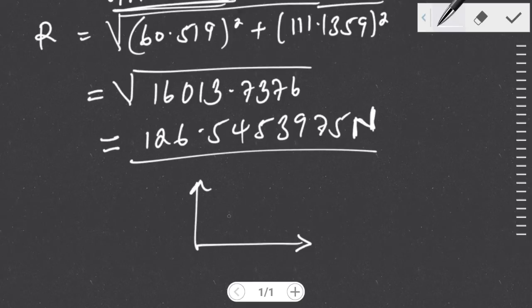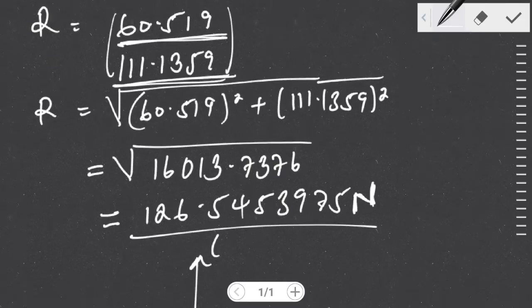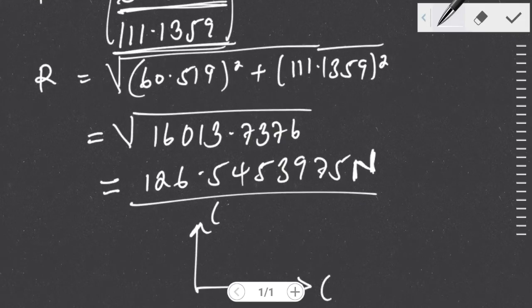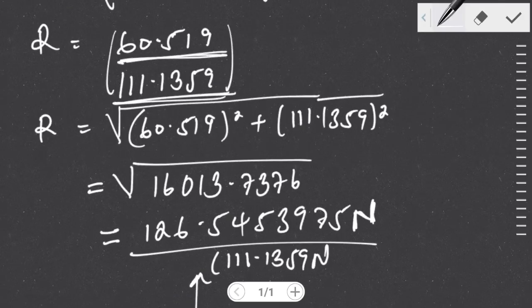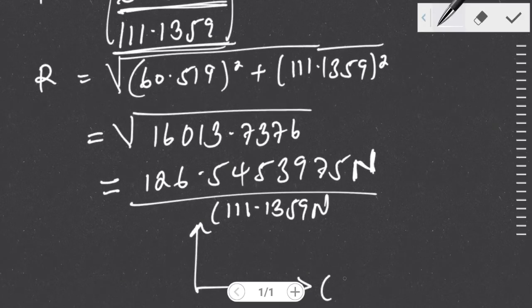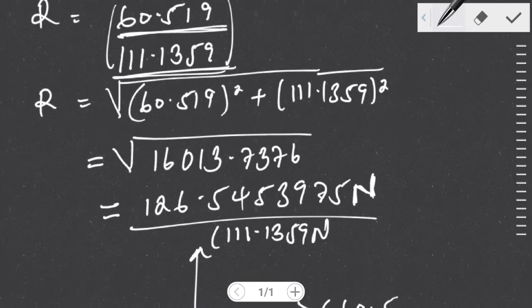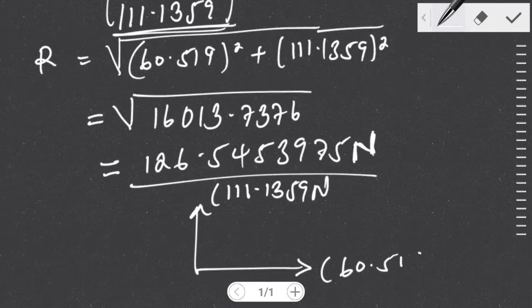So I'm having on the y 111.1359 Newton, and on the x, I'm having 60.519 Newton.